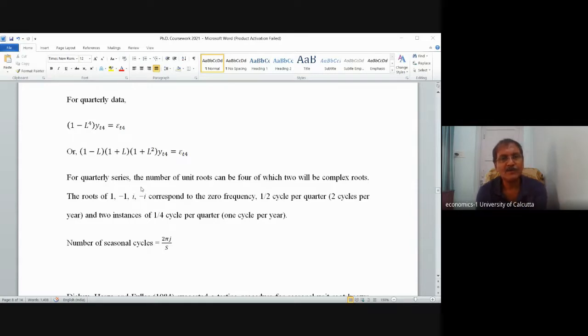The last 2 values provide the behavior of stochastic trend on 1/4 cycle per quarter. That is 1 cycle per year.